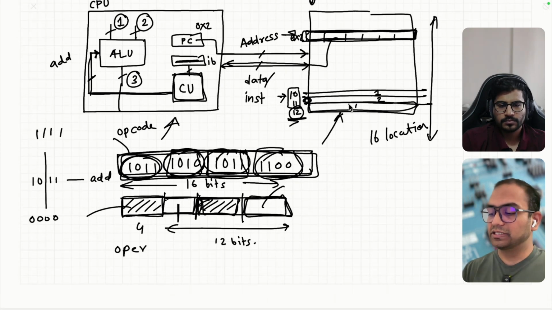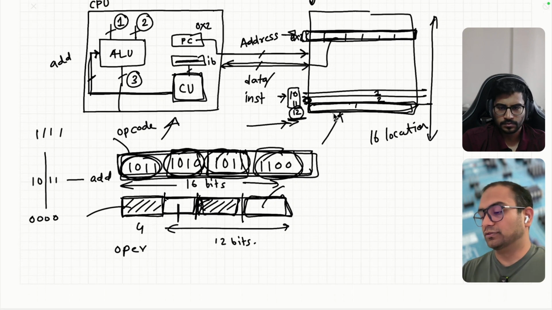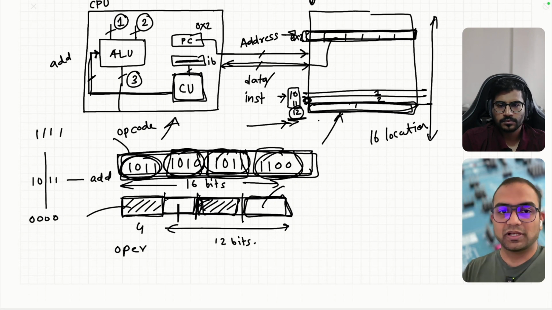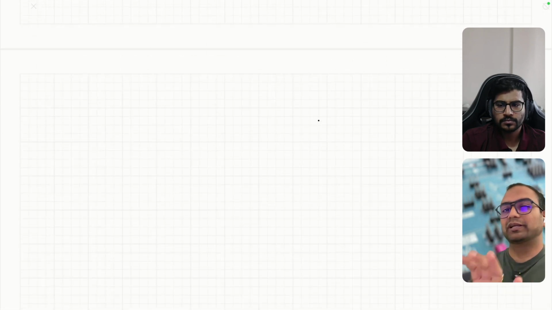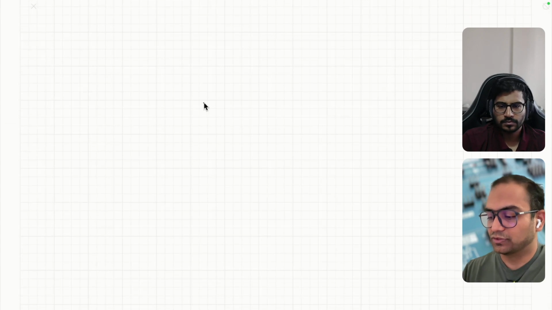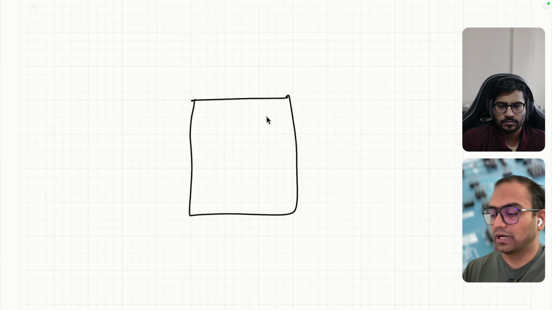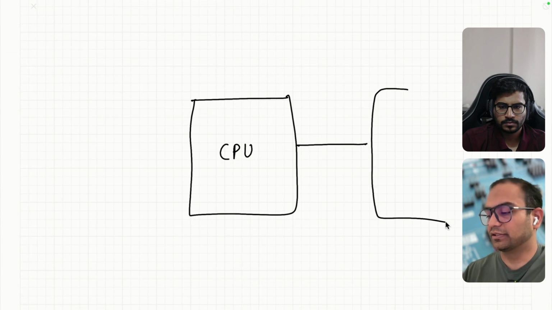Now, I had initially mentioned that I was talking about the writes to location 12, and back in the 1970s, things were a little different. So how did things go? You had the CPU, which was essentially connected to a punch card system.